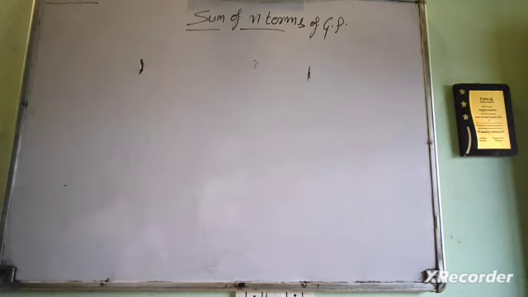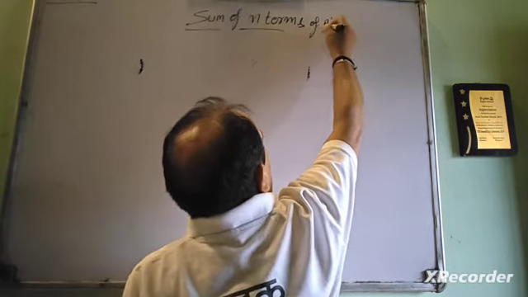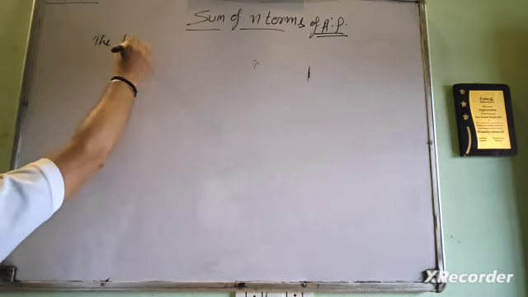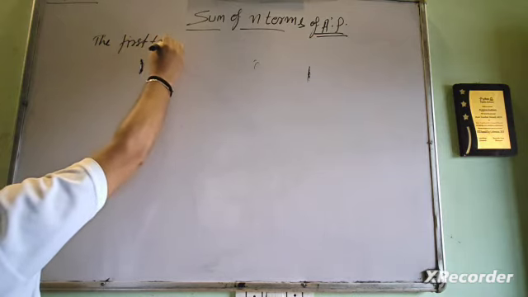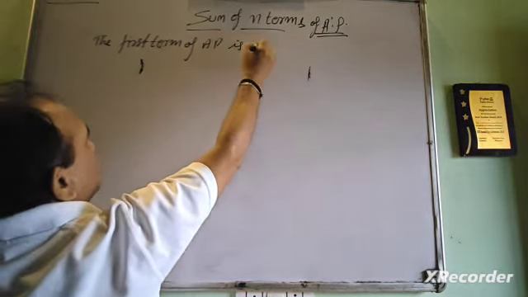The sum of n terms of an AP. How to find the sum of n terms of an AP? Suppose the first term of the AP is a, and the common difference is d.